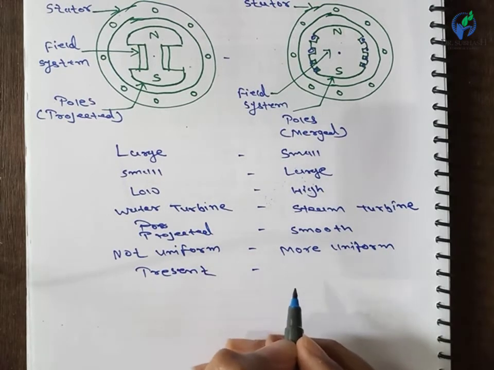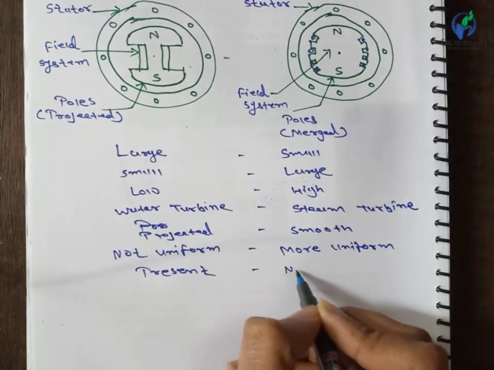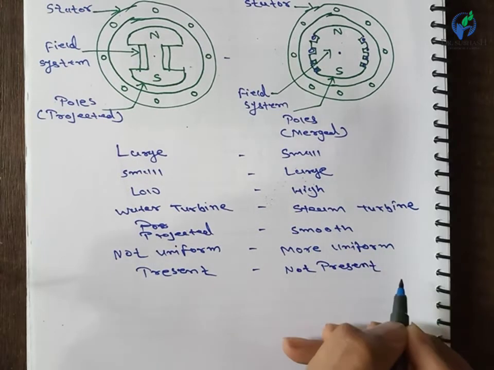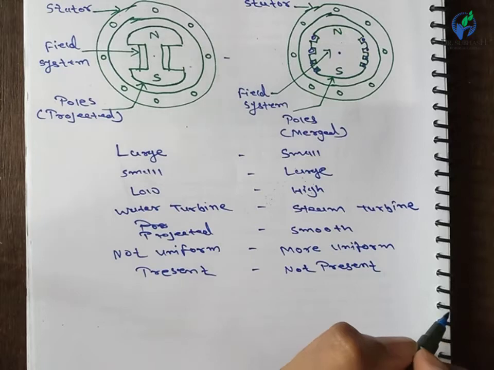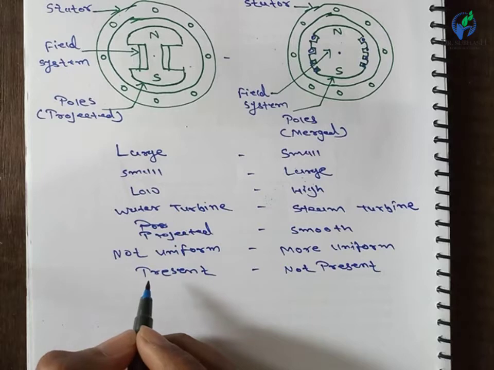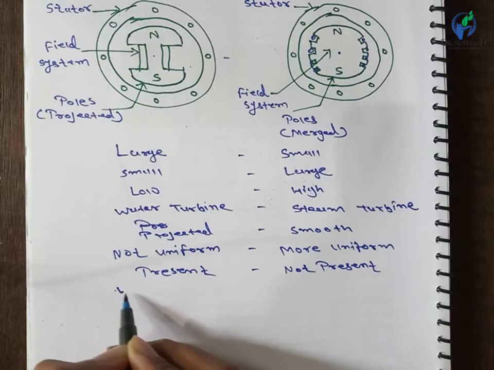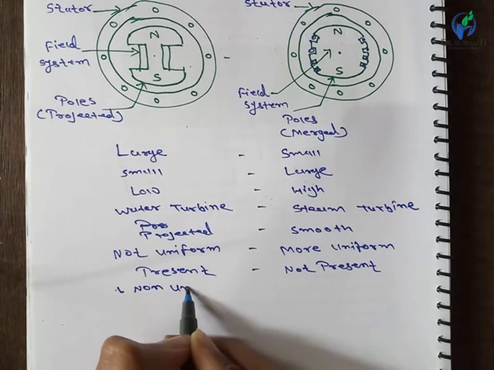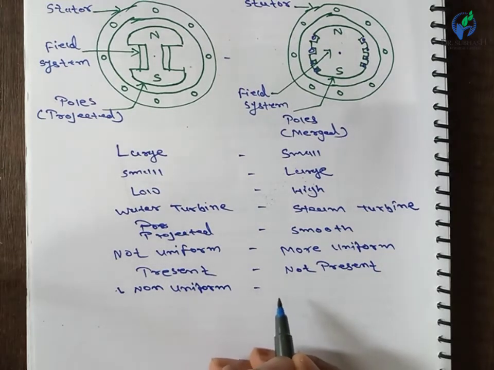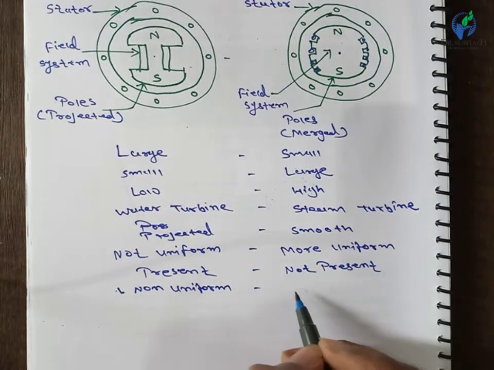In a non-salient pole type construction, a damper winding is not present. The air gap between stator and rotor in a salient pole type construction is non-uniform, while the air gap between stator and rotor is uniform in a non-salient pole type construction.